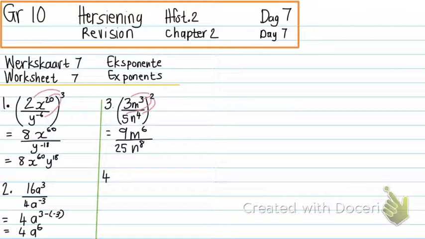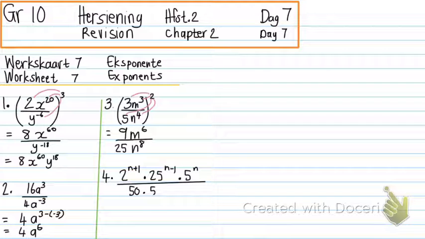Number 4. 2 to the power n plus 1 times 25 to the power n minus 1 times 5 to the power n, over 50 times 50 to the power n.